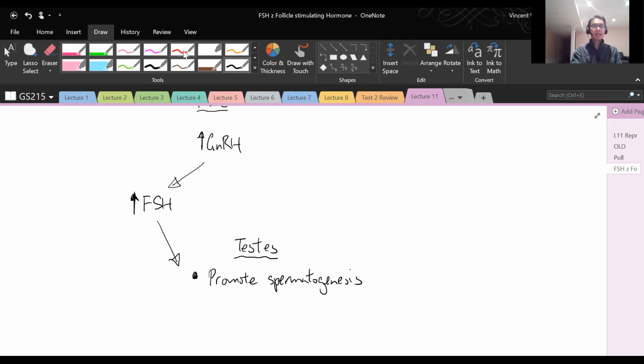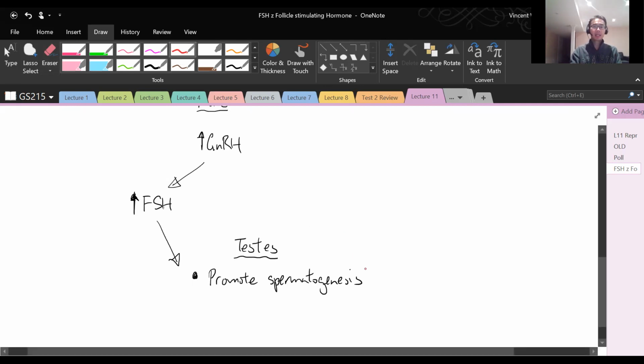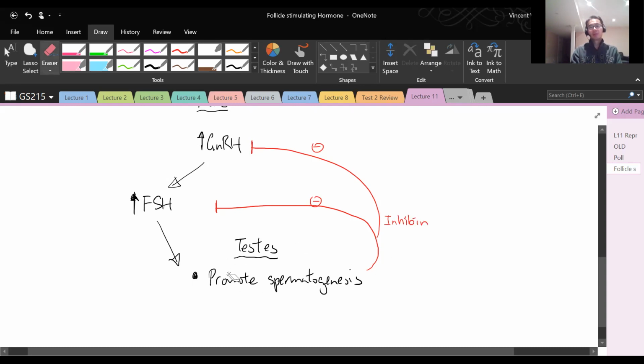Okay, and as this is happening, there is going to be a feedback loop that goes back to suppress these things. The hormone involved here is called inhibin. You don't want to waste resources making too much.